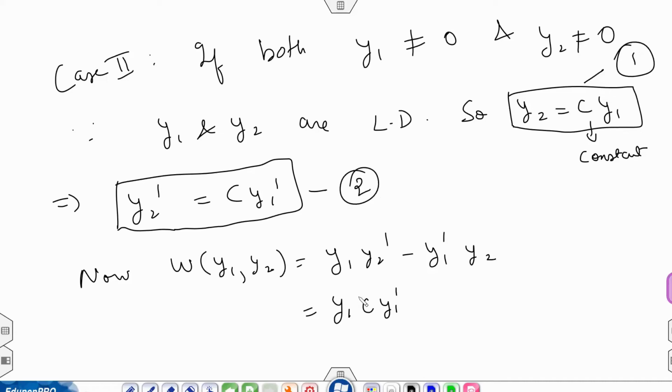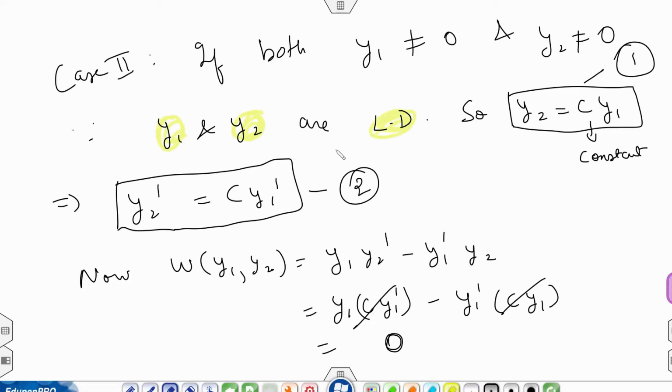So from equation 2 I can put y2 dash as this, and y1 dash and y2 from equation 1 as c y1. Now you can see that these both are getting cancelled and this is equal to 0. So right now what you have proved is that if y1 and y2 are linearly dependent, the Wronskian is coming out to be 0.